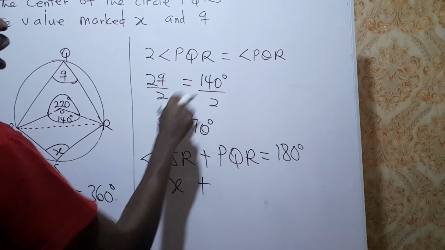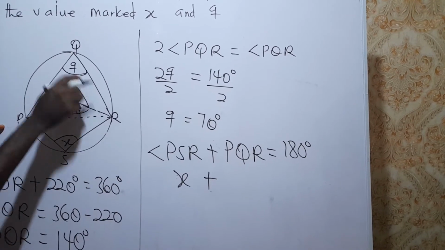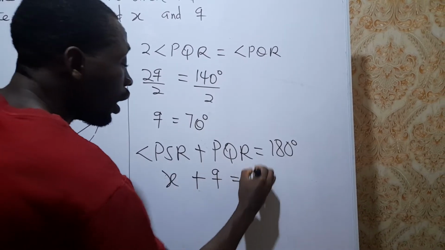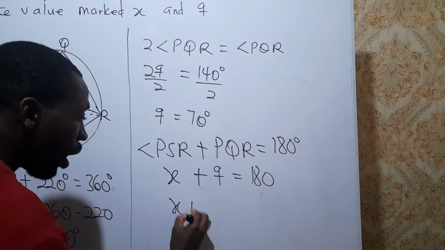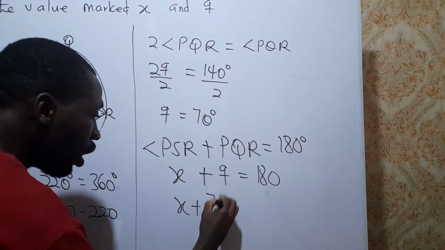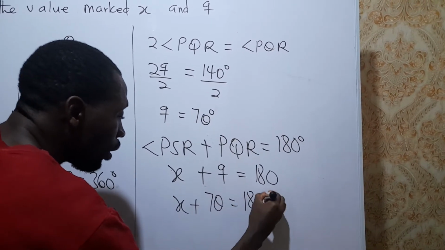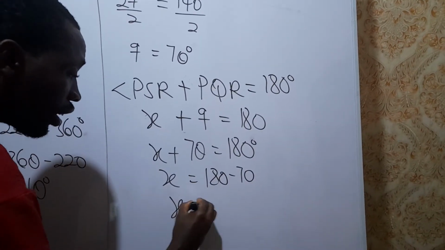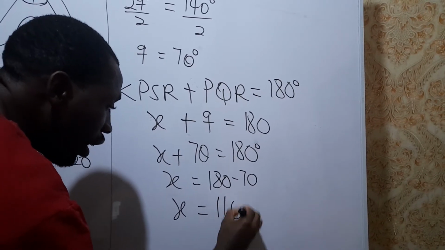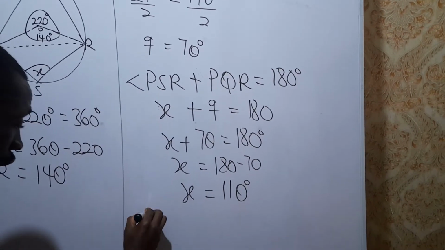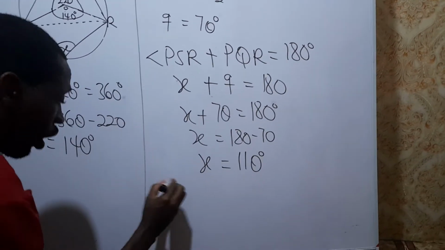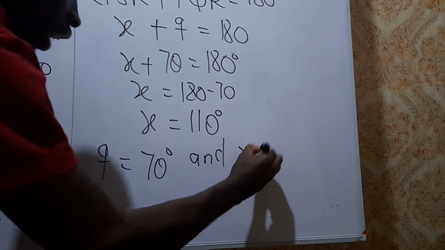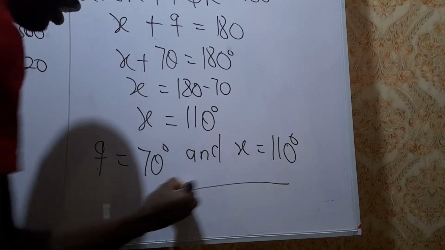Angle PQR is Q. So x plus Q will be equal to 180 degrees. x plus, what's Q? Q is 70, will be equal to 180 degrees. So x will be equal to 180 degrees minus 70. So our x is nothing but 110 degrees. So we can say our Q is equal to 70 degrees and x is equal to 110 degrees. I hope you get that.